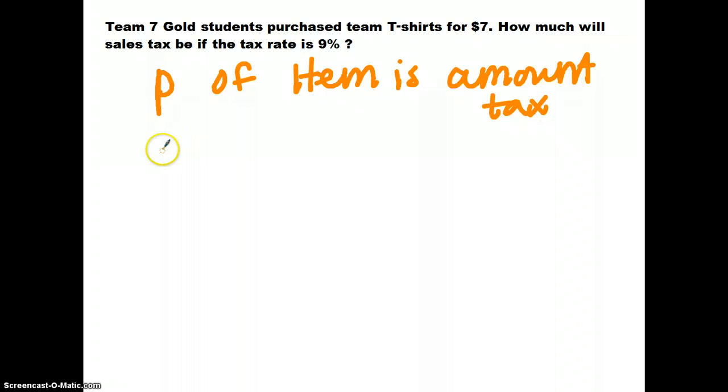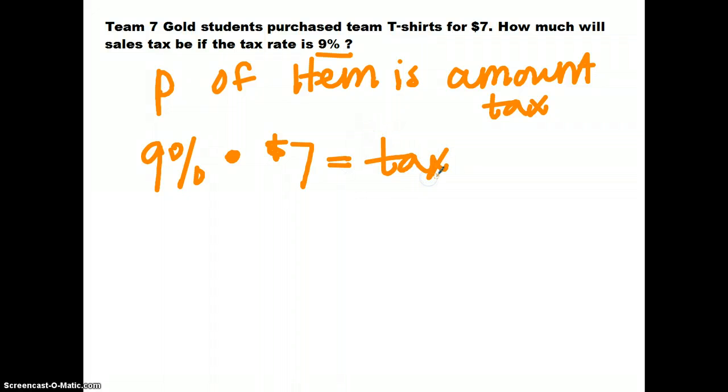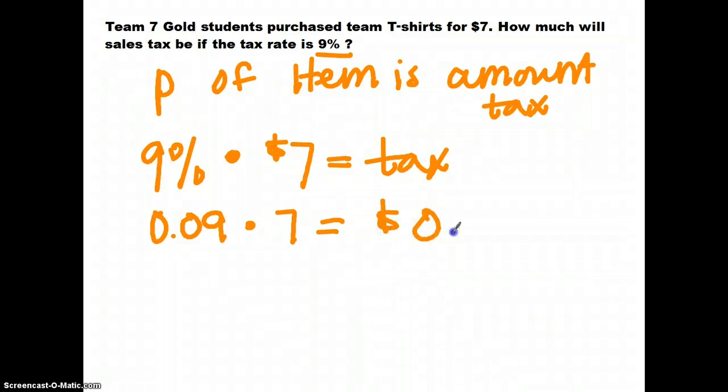Okay, so percent I know is 9% from the problem. I know of is multiplication. I know my item is a $7 t-shirt, and I'm trying to find the amount of tax. So to find that, I change this into a decimal. 0.09 times 7 gives me my amount of tax, and it is 63 cents.